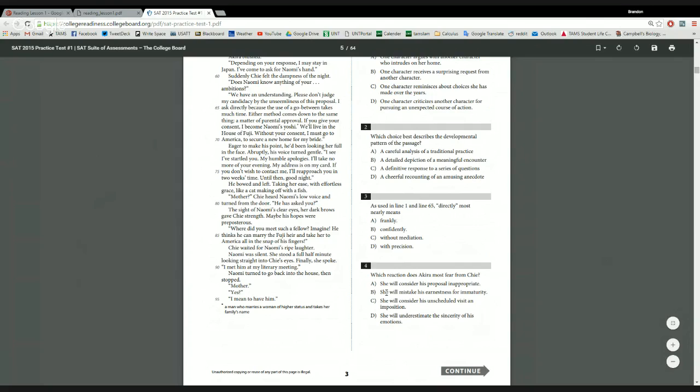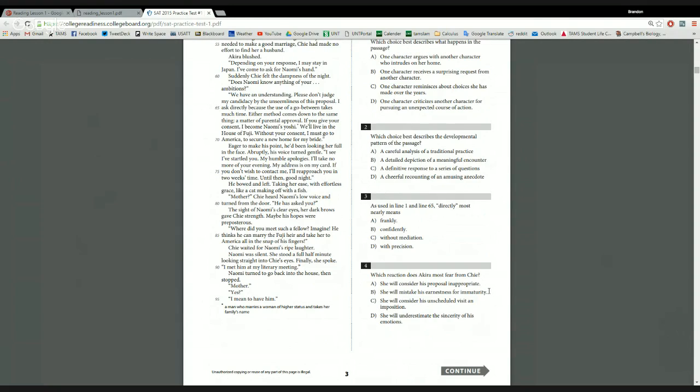B. She will mistake his earnestness for immaturity. This is also something he may fear, but not exactly immaturity though, because there's no immaturity shown in the text. So we cannot base this on our own opinion. So B is incorrect.